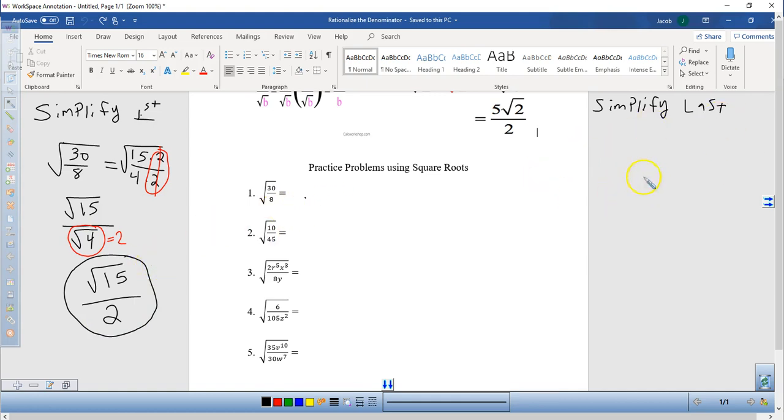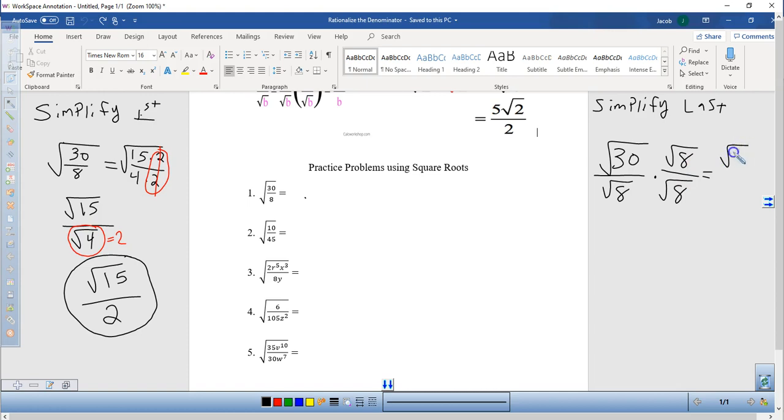Now simplifying last, I have the square root of 30 over the square root of 8. Using the technique they used up here in the example with numbers, I would have to multiply by the square root of 8 on top and the bottom. Well, let's do that. Multiply what's under the radical first.